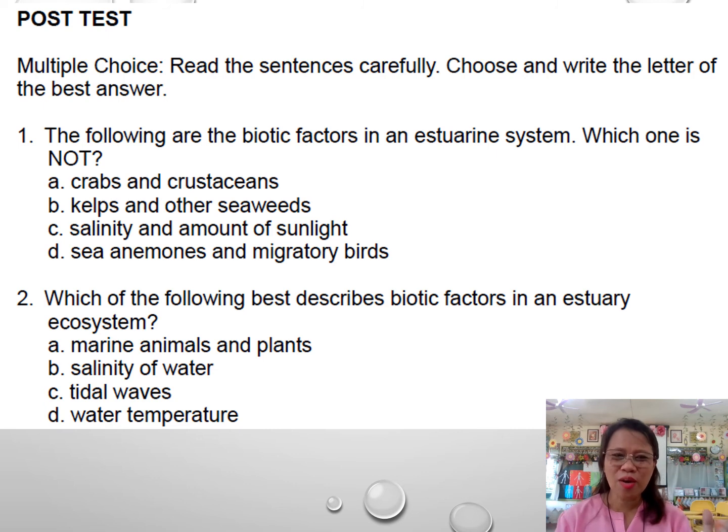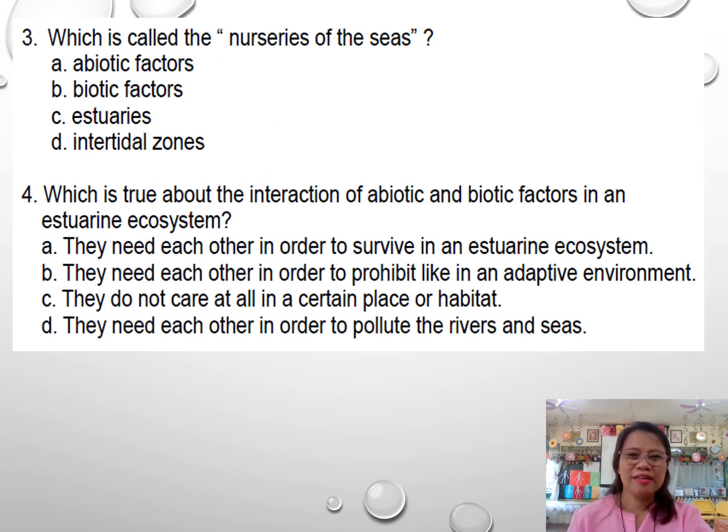Okay, read the questions and select the letter of your best answer. You have number 1 and number 2. Then you have number 3 and number 4.